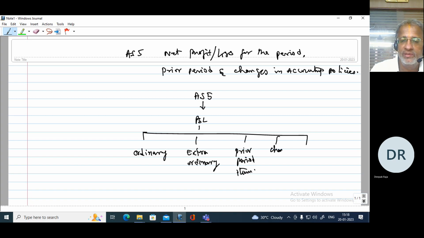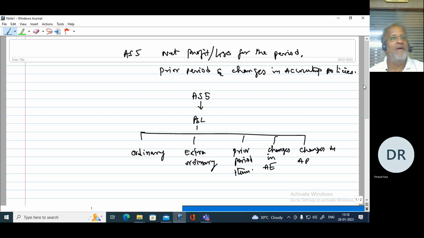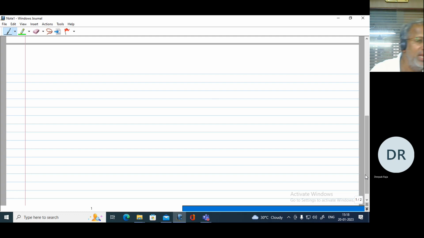The next, changes in accounting estimate. The other one is changes in accounting policies. Correct? There are 5 items that would be affecting the P&L account, which are 5 in numbers. As you identify, they are ordinary, extraordinary, prior period, changes in accounting estimates, changes in accounting policy. Correct?